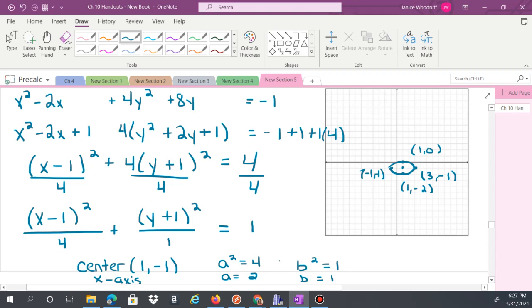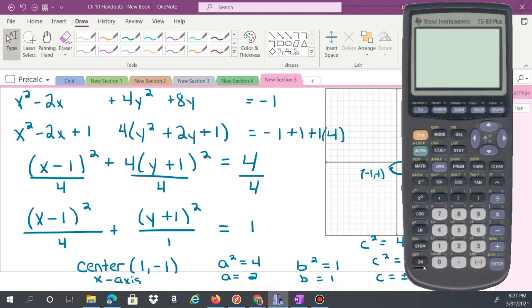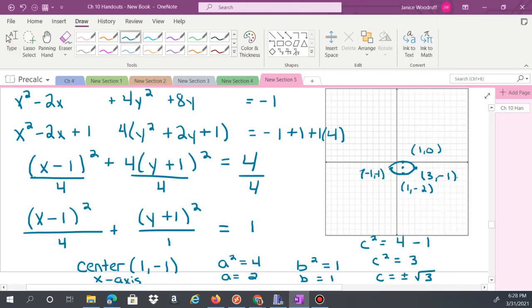And then we want the foci. So we'll do c squared. A squared is 4. B squared is 1. So c squared is going to equal 3, which means c is plus or minus the square root of 3. We can find that it's like 1.7, if you want to put it on the graph.